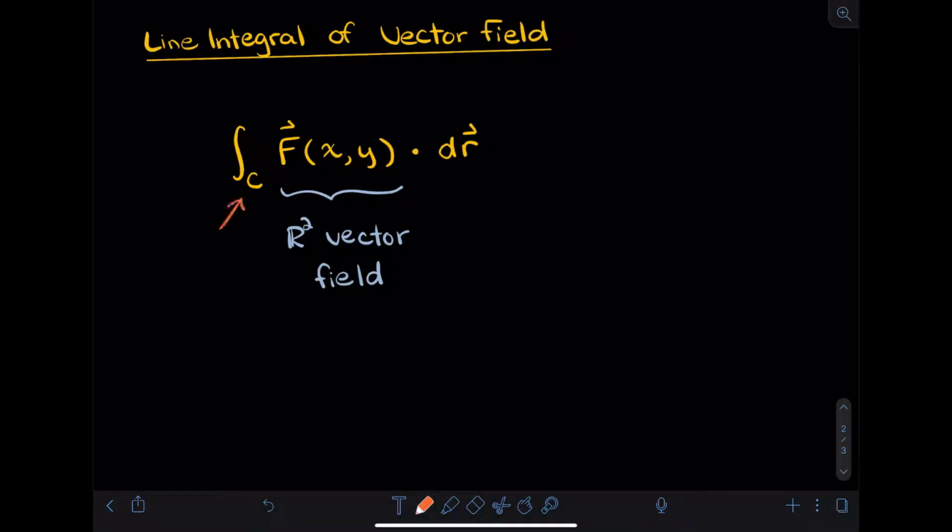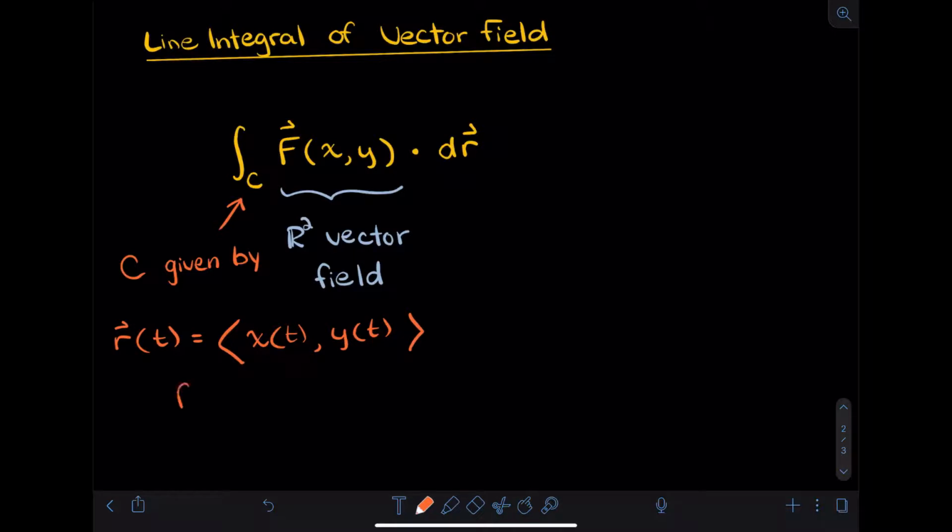So here, like with the scalar field, we have C that's going to be given by another vector function, that's the lowercase r, and it's going to have the two components, x of t and the second component, y of t.